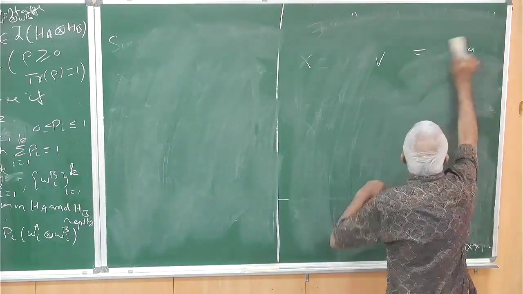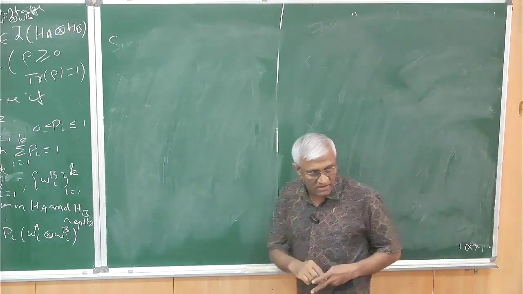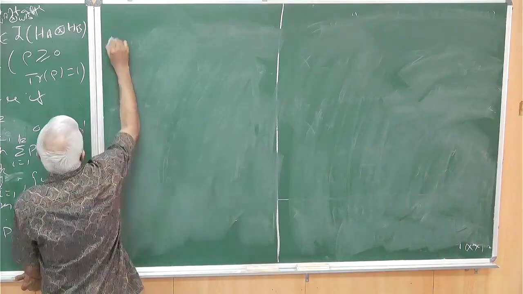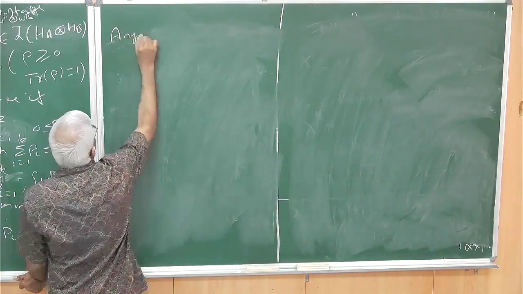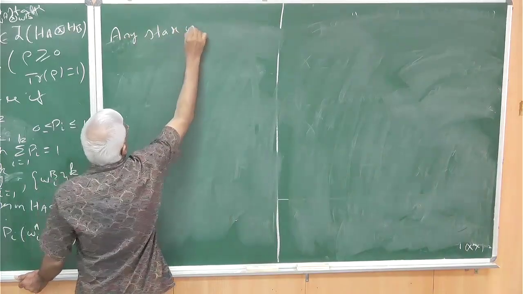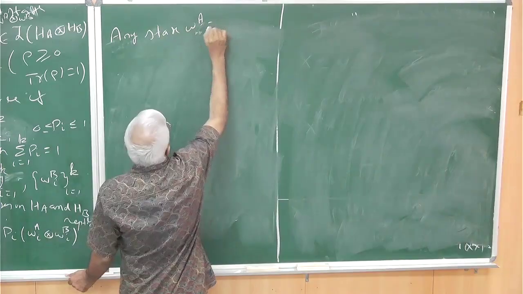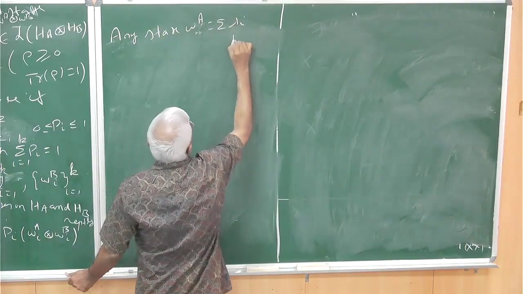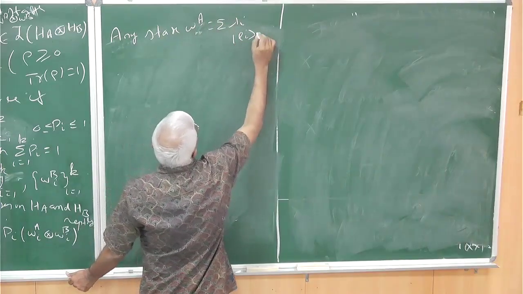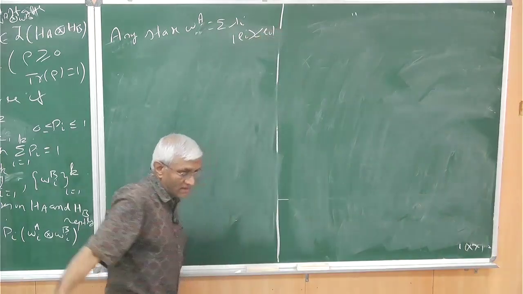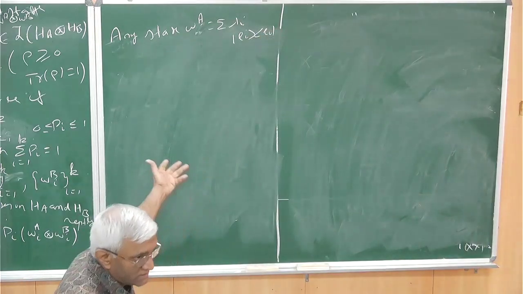Now you know a state is a positive operator. So any state omega_A is equal to summation of some lambda_i times e_i. It's just the spectral measure.